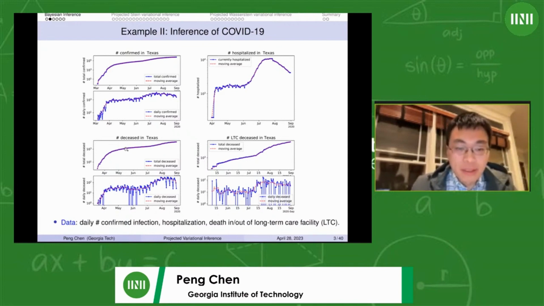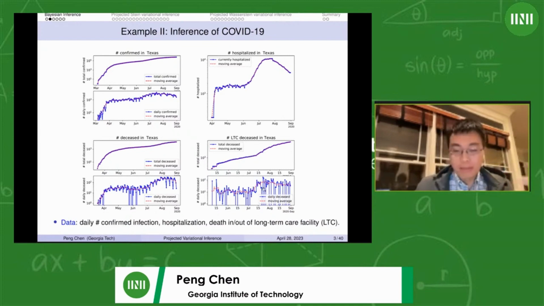There is also the number of deceased cases, accumulated and daily, and you can see it's very oscillatory. In particular, we have the number of deceased cases from long-term care facilities, including nursing homes, because they have similar patterns, and there is a daily number.